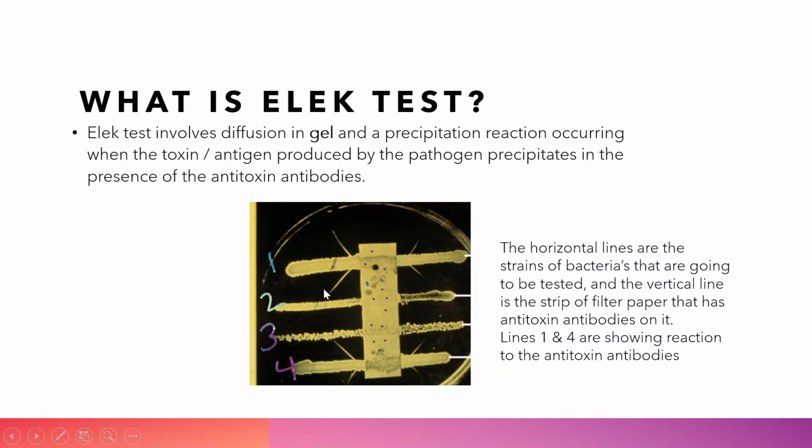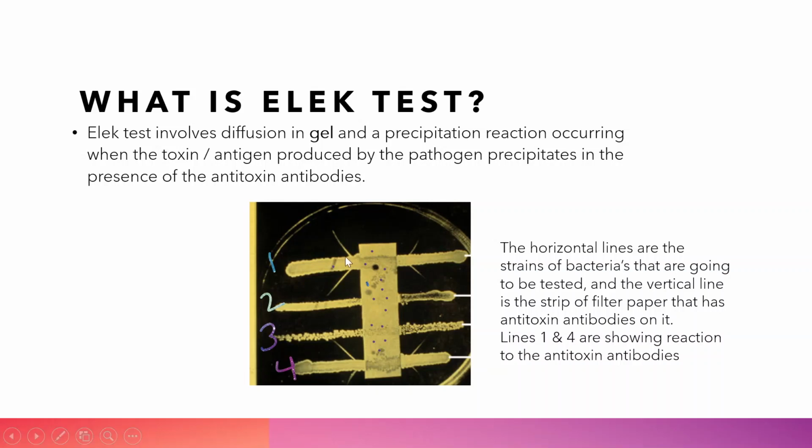The horizontal lines are strains of bacteria that are being tested, and the vertical line is a strip of filter paper that has antitoxin antibodies on it. You line the filter paper up with these four bacterial strains, and you see which toxin starts to produce precipitation.